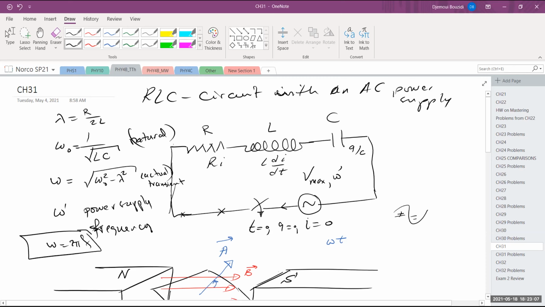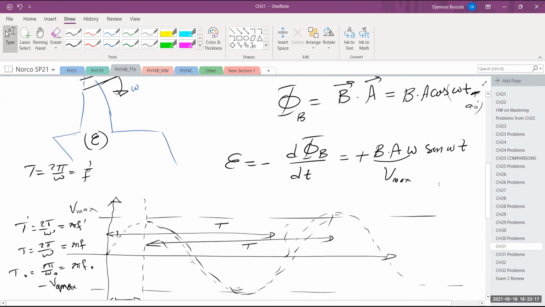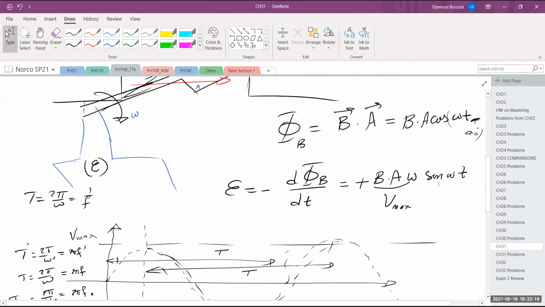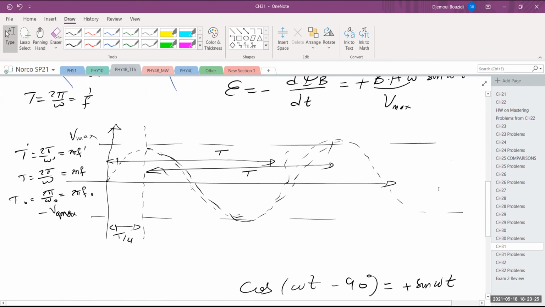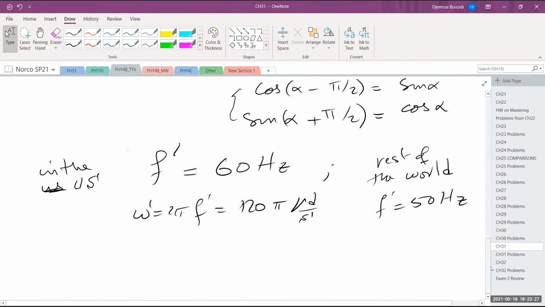So in this case, we drop by an Ri, we drop by an L dI over dt, we drop by Q over C, and then we rise by this voltage that I just wrote, okay? Except I don't like the sign, I'm going to call it a cosine. So here is the deal.